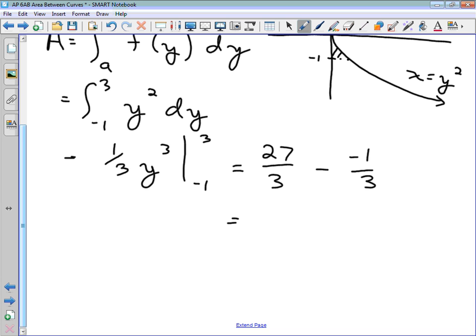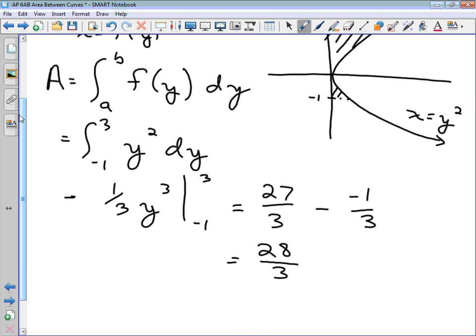And this is clearly going to be 28 divided by 3. So in this case, our answer is positive, just telling us that our function exists for positive x values over this entire region of integration.